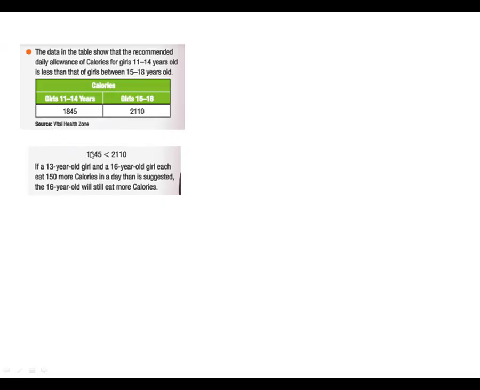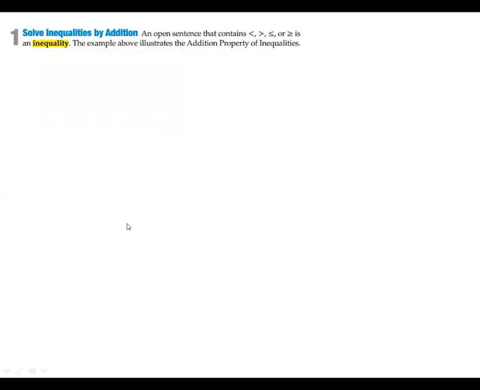So that means that 1,845 is less than, because it's not equal, it's an inequality, it's less than 2,110. So if a 13-year-old girl and a 16-year-old girl each eat 150 more calories in a day than suggested, the 16-year-old will still eat more calories. So that means it's kind of like if you add 150 to both of them, one's still going to be greater than the other.